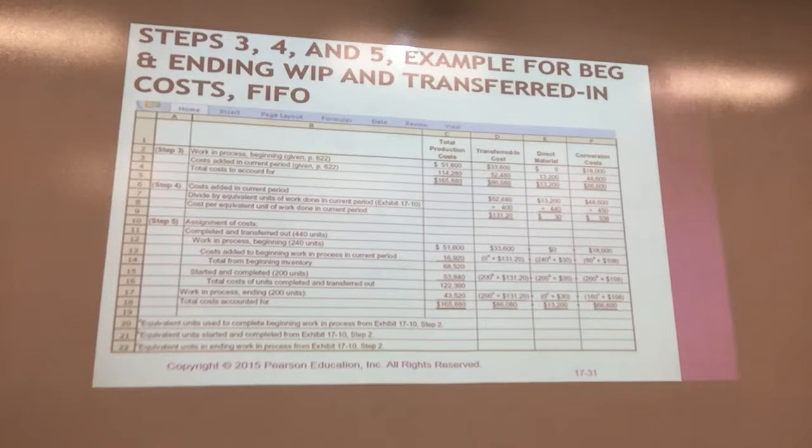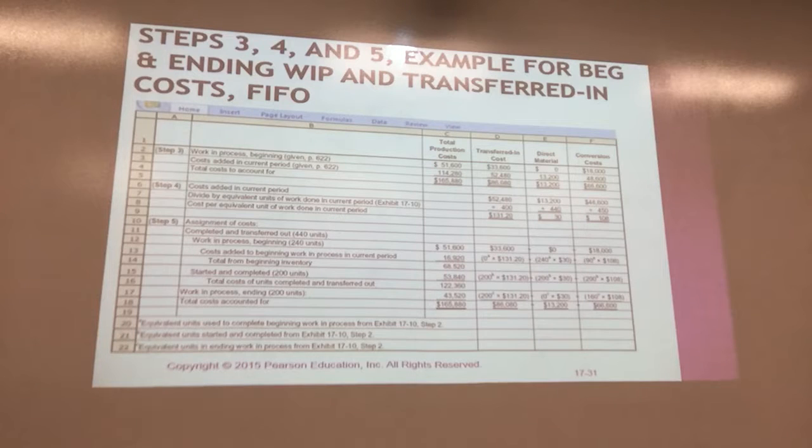Yeah, okay, so first in, first out, you're just using the cost that you added for that period, all right? So we're going to take the 52,480 divided by the equivalent units of 400. I get 131.20, and then 13.2 divided by 440, get 30. And then 48.6 divided by 450, I get 108.